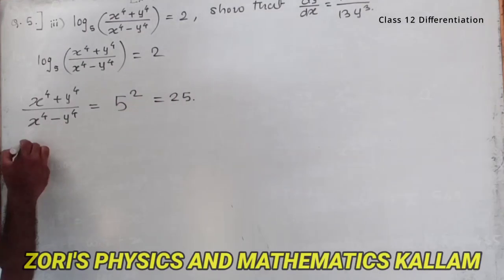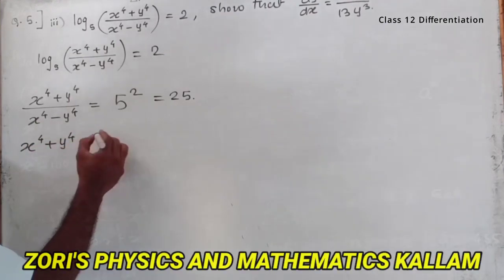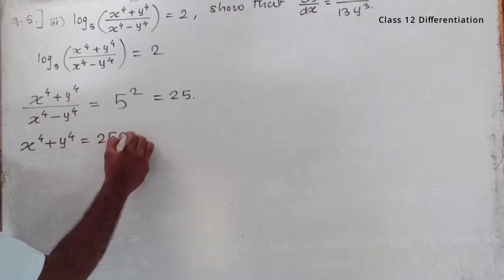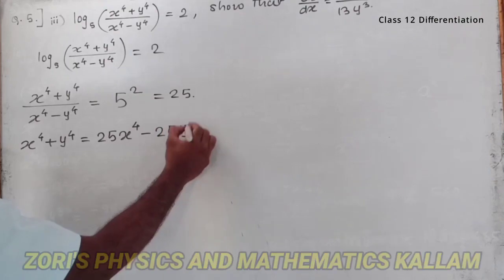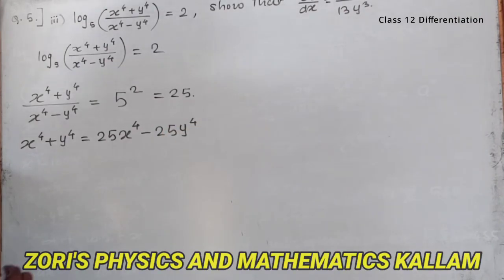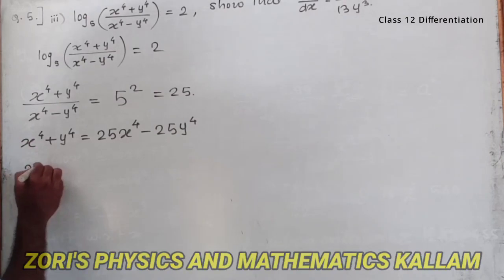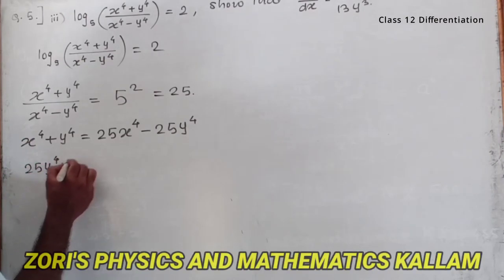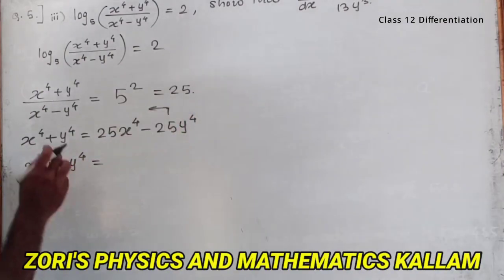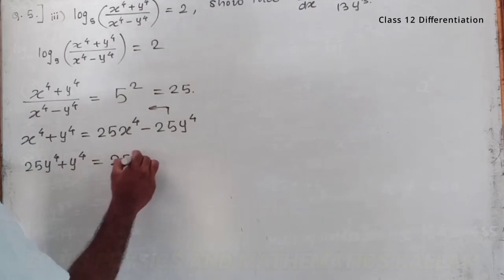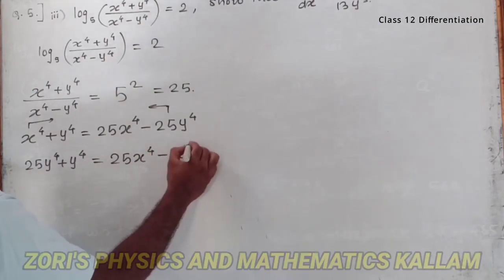Make the cross multiplication here. x to the power 4 plus y to the power 4 is equal to 25 x to the power 4 minus 25 y to the power 4 here. Now this y term we have to take here, so that is 25 y to the power 4 plus y to the power 4 is equal to, this we shift to the left, then 25 x to the power 4, we shift this here, so we have minus x to the power 4.